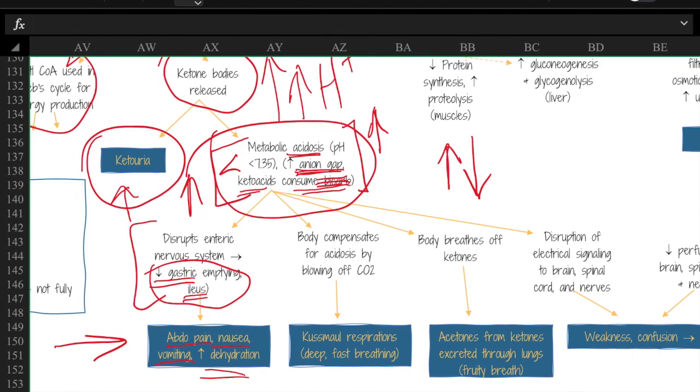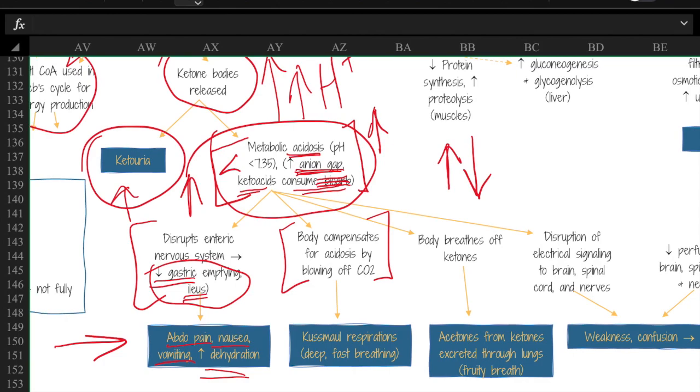The body will try to compensate for this acidosis by blowing off CO2. And if you don't understand why that is, you've got to go back to the video on pH and acid-base balance, and you can find out why there. But as the body is trying to blow off that carbon dioxide, to blow off some of that acidity, it's going to take deep, fast breaths.